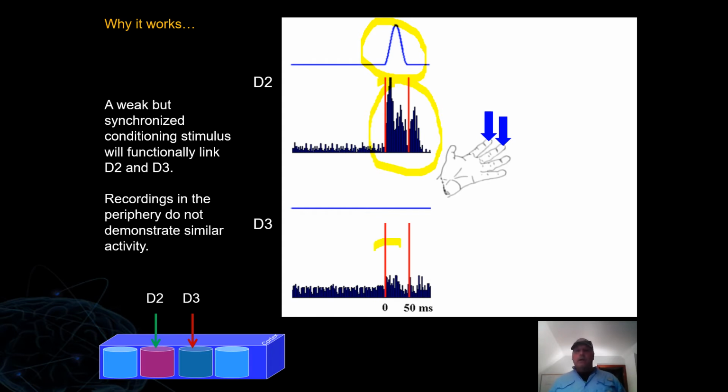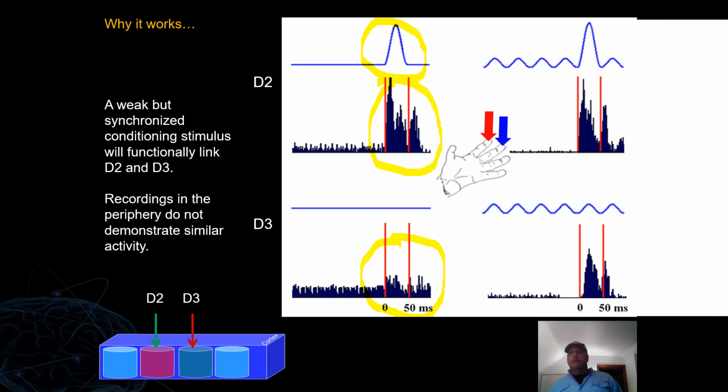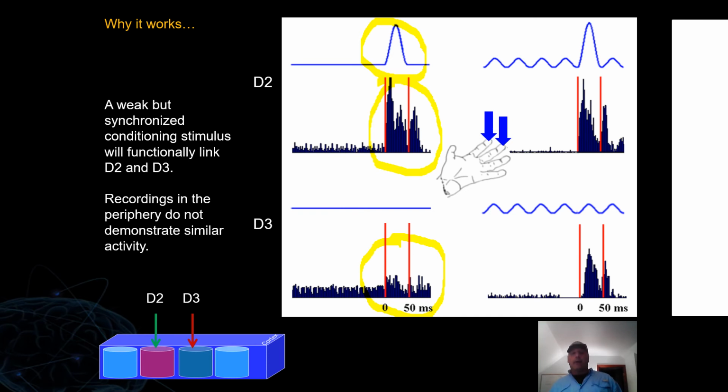Notice there's not a whole lot of response in digit 3. You stimulate digit 2 and you don't get much of a response at digit 3, but you do get a response at the digit 2 representation in the cortex. But if you do another stimulus, this time with that carrier frequency attached, look what happens.